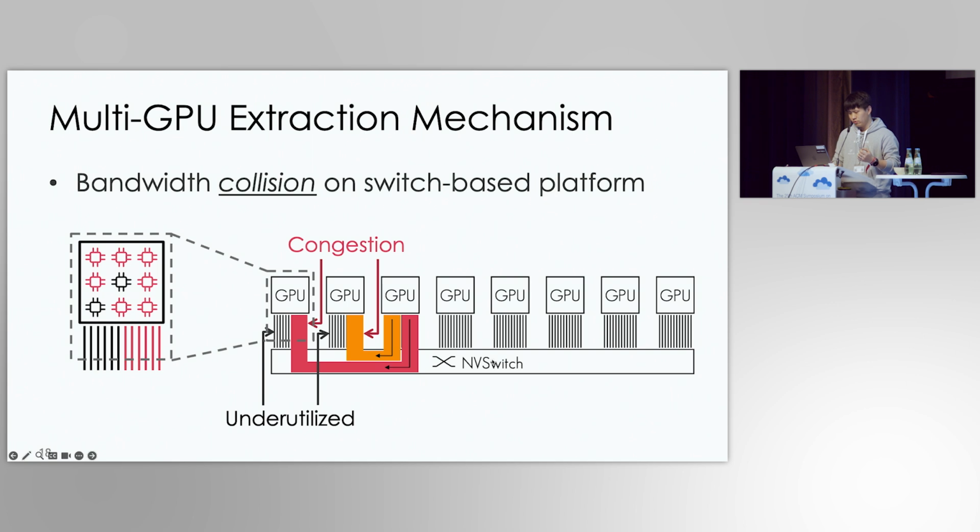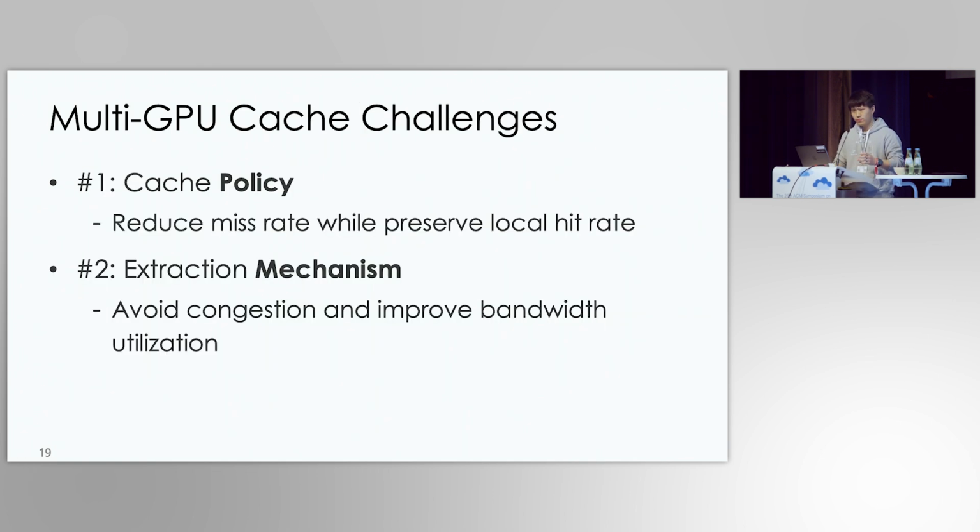For example, when the first two GPUs are simultaneously accessing the third GPU, due to bandwidth limitation on the third GPU, there will be collision between the first two GPUs. This causes congestion similar to the hardwired platform, but in the cross-GPU scope. Therefore, in embedding extract, we need to avoid congestion, make a balanced use of interconnects, and improve its utilization.